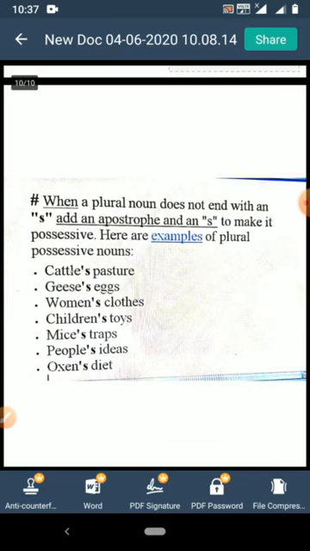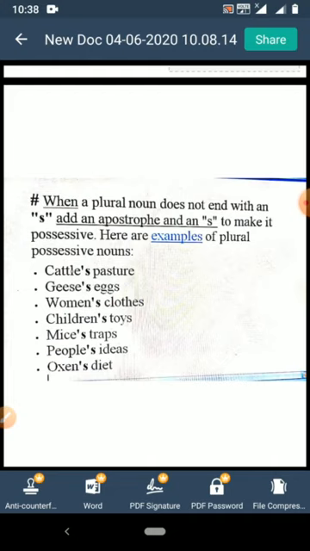Now, the third rule says when a plural noun does not end with an S, there are many words which are plural but not ending with S, so in that case, you have to add an apostrophe and an S to make it possessive. Here are examples of plural possessive nouns.